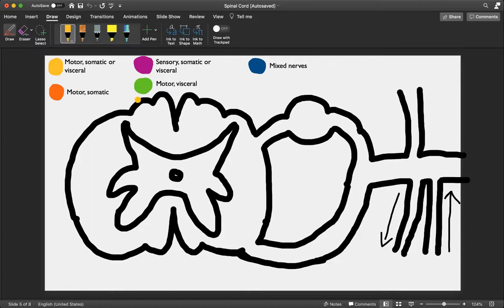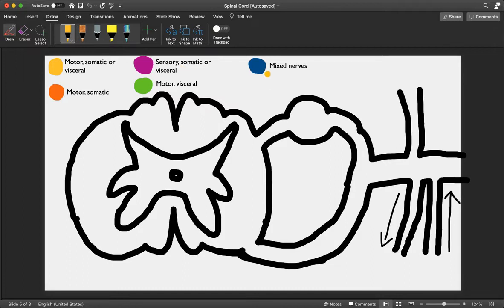Sometimes it is just motor somatic, sometimes it's just motor visceral. Same with sensory though. It can be sensory somatic or sensory visceral or sensory somatic and sensory visceral at the same time.